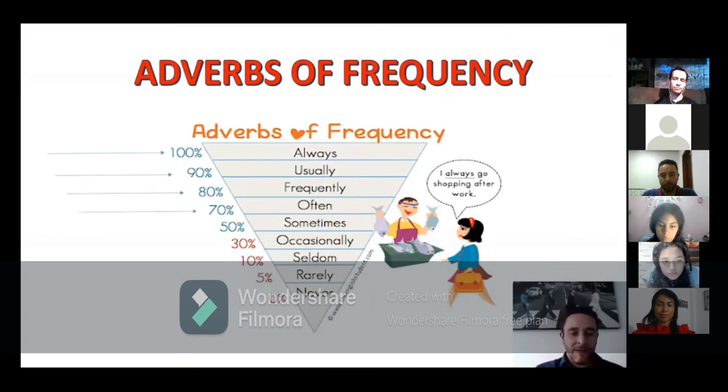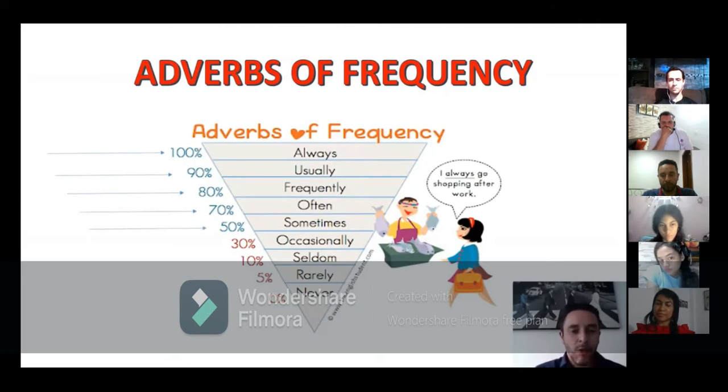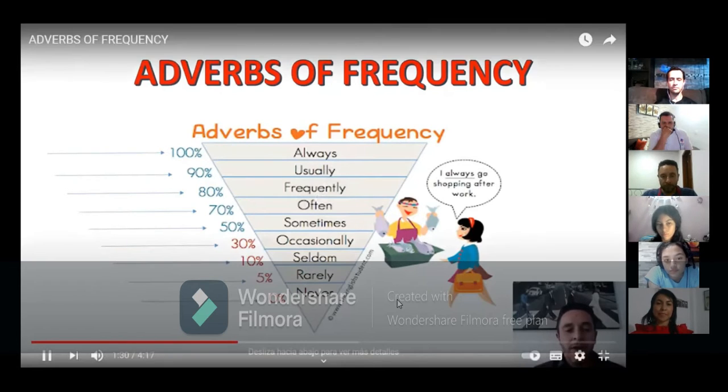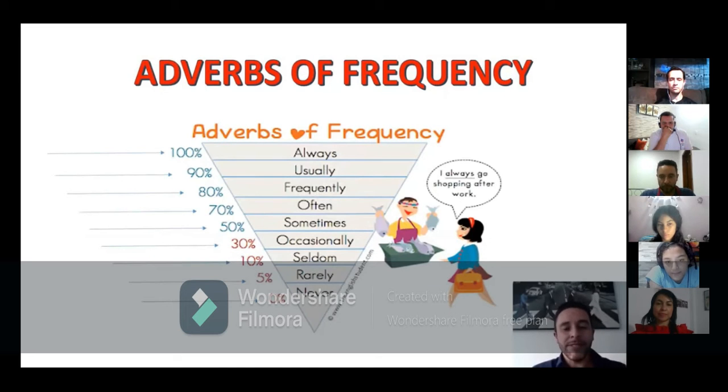We have often that it has the 70%, sometimes with the 50%, occasionally that in this case has a 30%, seldom with the 10%, and finally we have never that in this case has the 0%.